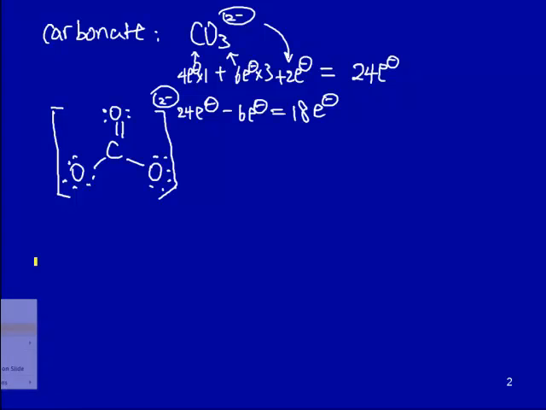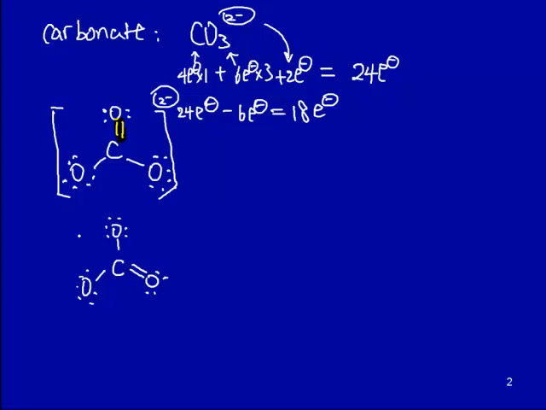However, as you can notice, the double bond is drawn on this particular oxygen, so you cannot argue that it is the only option. We can actually draw it slightly differently. We can draw the double bond with this other oxygen atom, and it gives you a 2- charge.